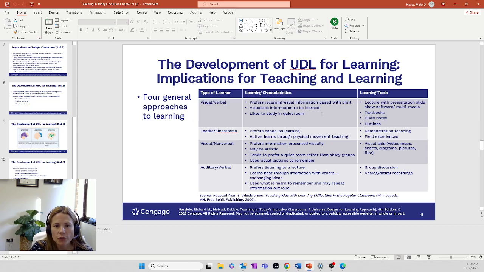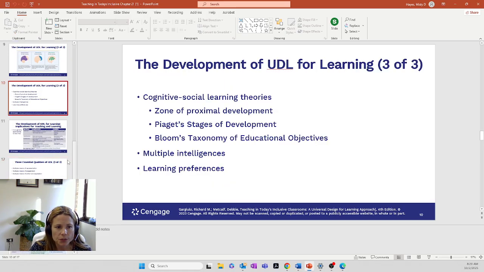So what learning tools would you use with a visual verbal student? Or what kind of tools would you use with tactile kinesthetic? Well, obviously anyone that's hands-on, field experiences, demonstrations of teaching where they get manipulatives, they get to actually do what you're doing. And then it goes down through each one of those approaches or those types of learners of what you would do.